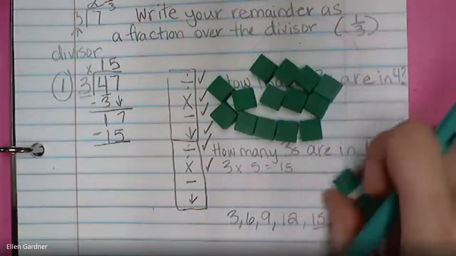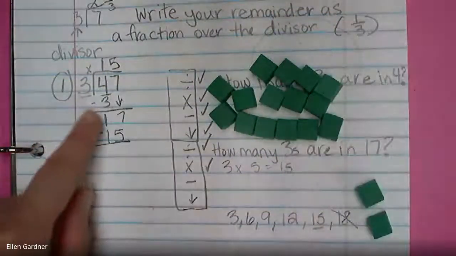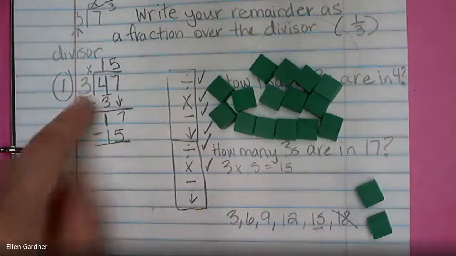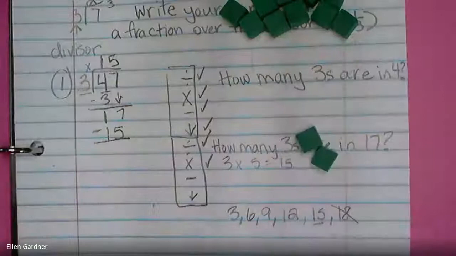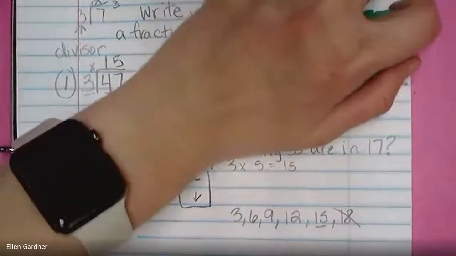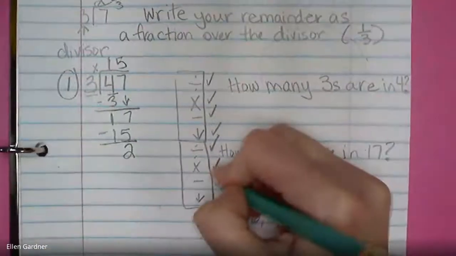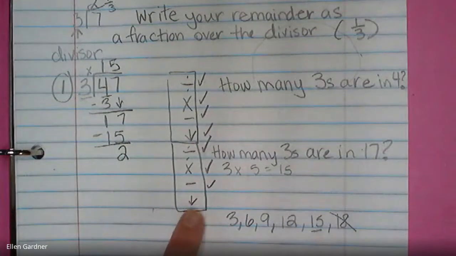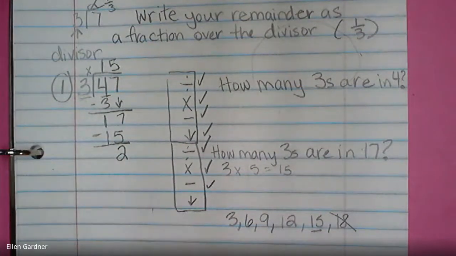We've grouped all of this number, 47, into 3 groups, and we're seeing how many are left over. Which equals 2. Very good. Now that's our remainder. So we don't have to bring anything down because that is the last part of the problem.